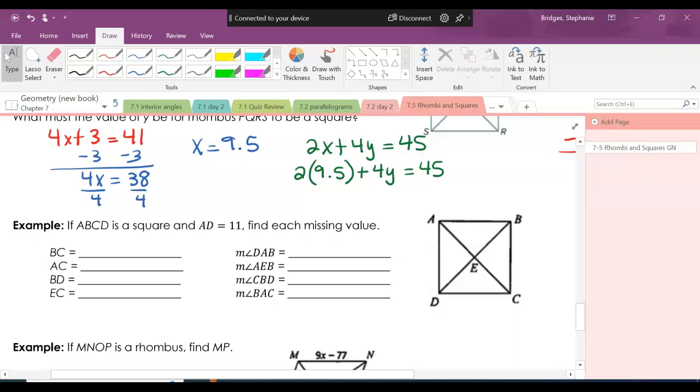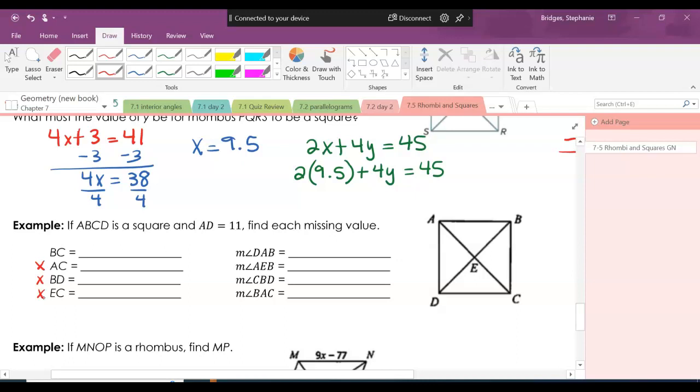It tells me ABCD is a square. What I want you to do for now, I'm going to give you a couple of things to skip. I want you to skip AC right now. Don't do that one. And then actually leave those 3 blank. Do BC and do all the angles.